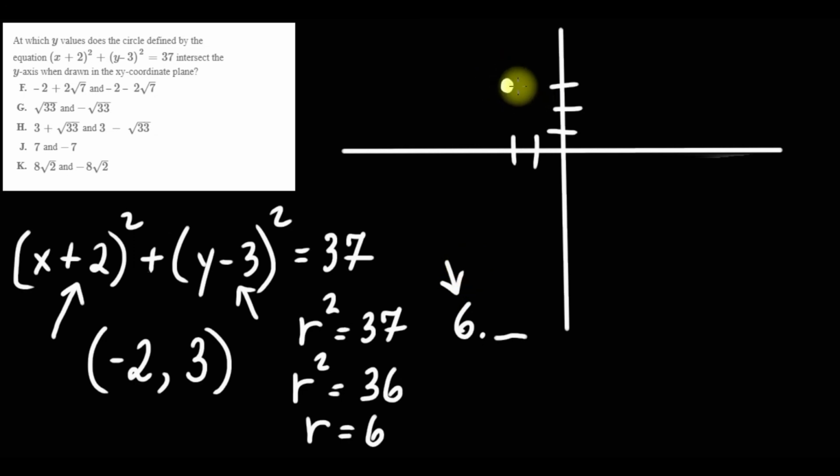So the radius is a little over 6. So we go a little over 6 this way: 1, 2, 3, 4, 5, 6. So it'll be over here. And then down here we can go 1, 2, 3, 4, 5, 6, 7. So it'll be somewhat over here.